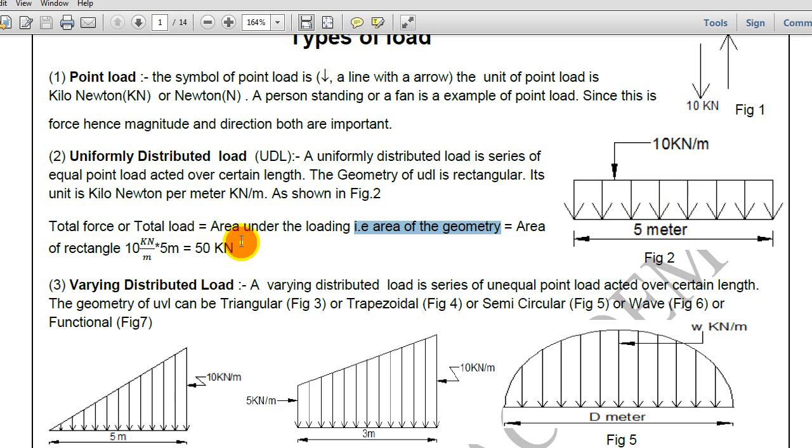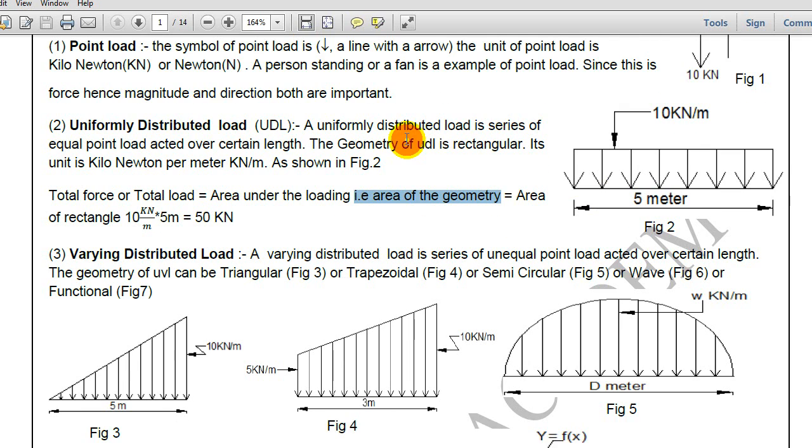The second important thing which you should keep in mind is that the 50 kilonewton load will act at the center of gravity, and in our calculation we can treat this 50 kilonewton as a point load acting at the center of gravity. This will be cleared in the coming example also.